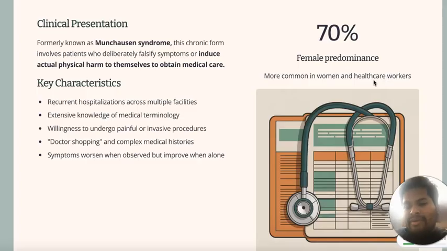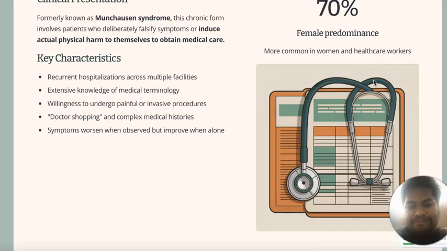So what she was doing is that she was cutting her hand and putting stool over there, so that there will be continuous infections and everything. And so she just visited multiple doctors to get empathy from them without caring for her own health or her own hand. That's factitious disorder on self, which is called Munchausen syndrome.